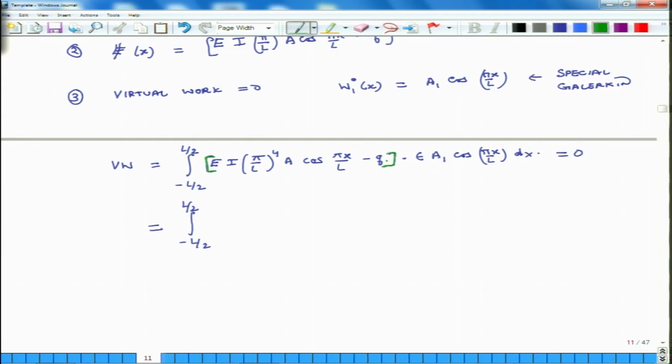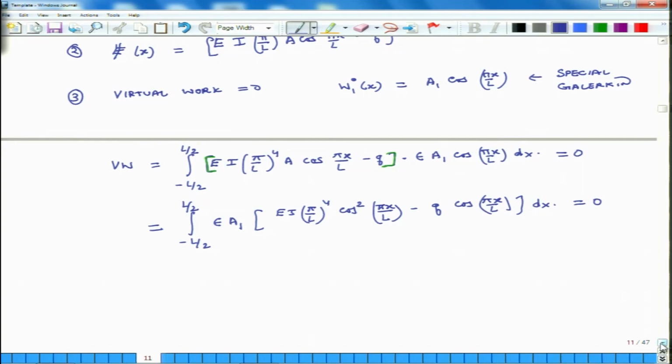So, this is epsilon A1 EI (pi over L)^4 cosine square pi x over L minus q cosine pi x over L dx, and this should be equal to 0.